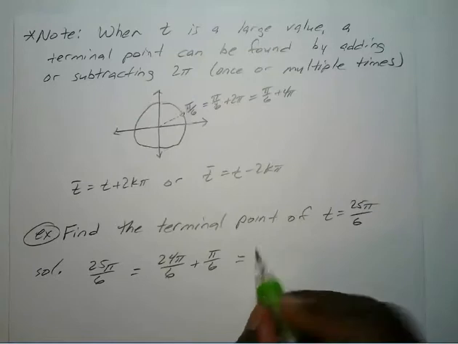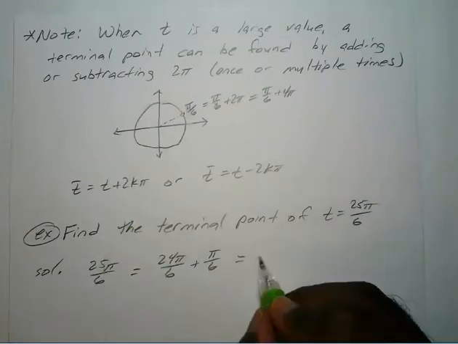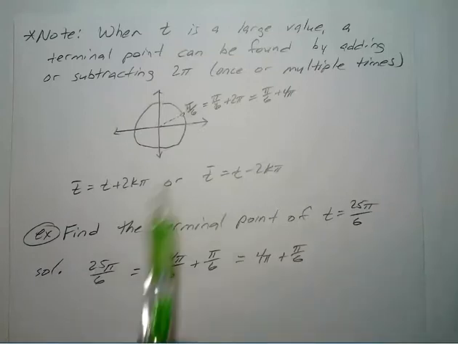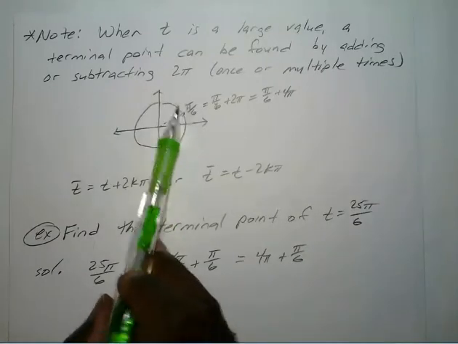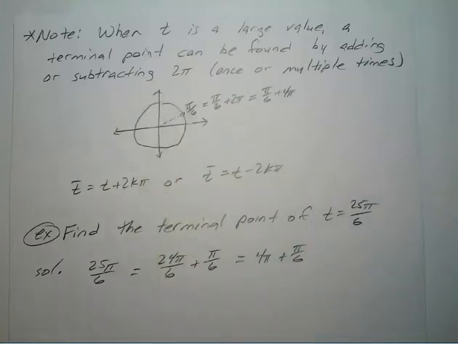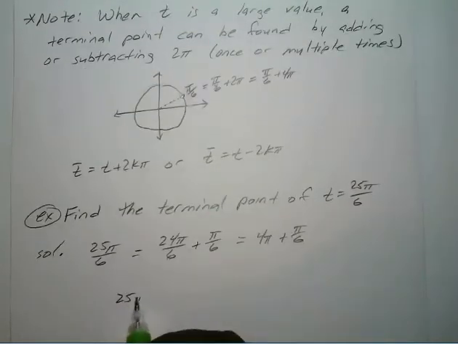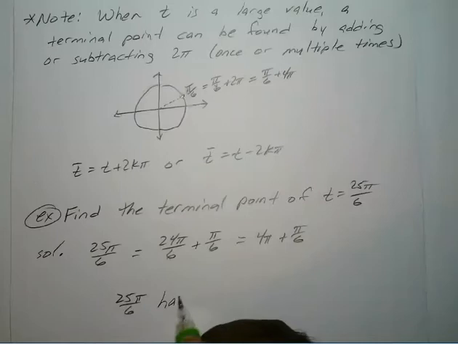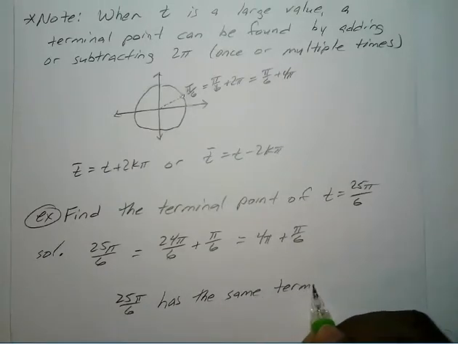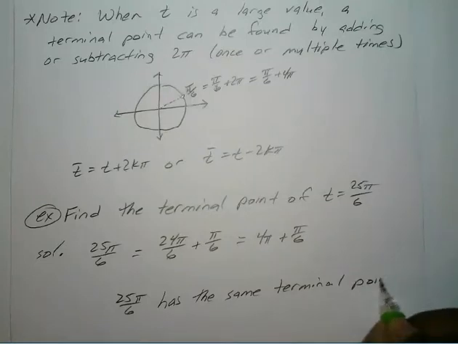As long as it's an even number times pi, that's 4 pi plus pi over 6. So if we had pi over 6 and we went 2 pi and 4 pi, we're right back at the same spot. So 25 pi over 6 has the same terminal point as pi over 6.